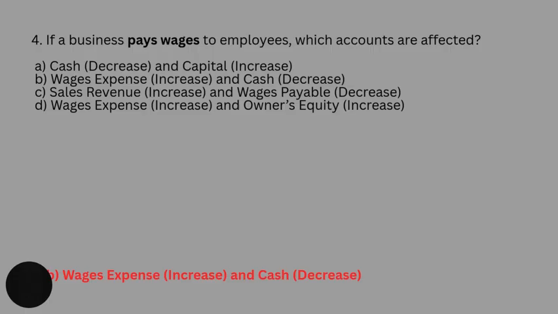This is a crucial point because it highlights how expenses directly affect the cash flow of a business. When a company incurs wages, it reflects an outflow of cash, thus reducing its overall cash balance. Understanding this relationship is essential for managing a company's finances effectively.